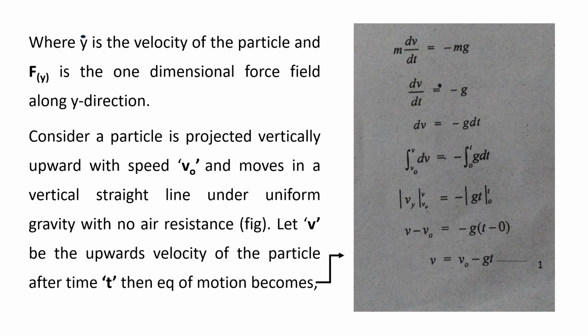Now consider a particle projected vertically upward with the speed v0 and moving in a vertical straight line under uniform gravity with no air resistance. Here the retarding force of air friction is absent. Let the velocity v be acting on the object in the upward direction at time t, then the equation becomes m dv over dt is equal to minus mg, and that is the gravitational force mg.